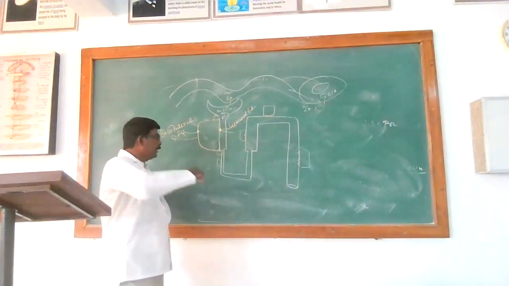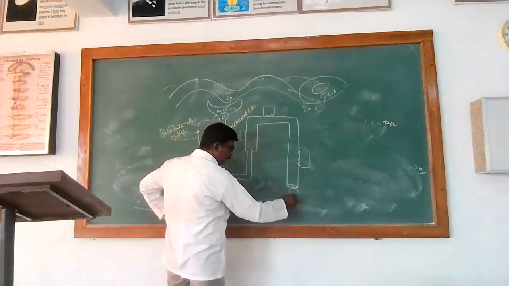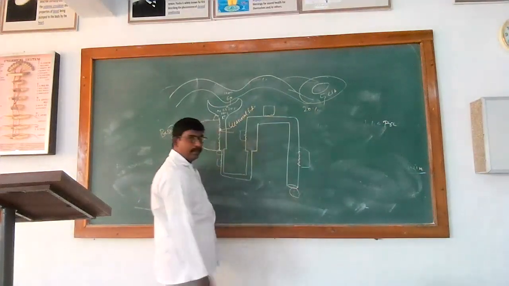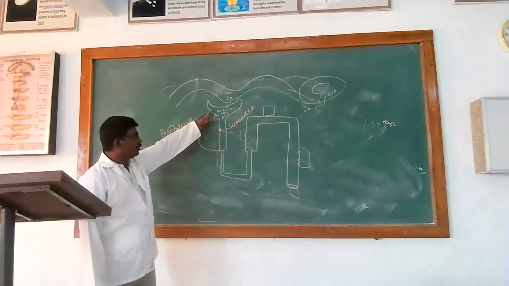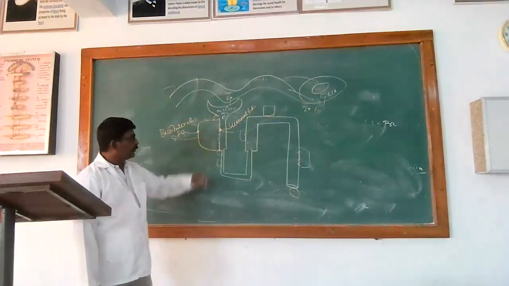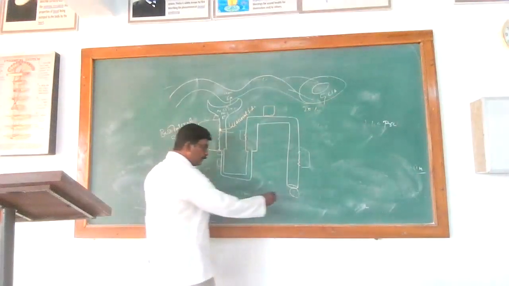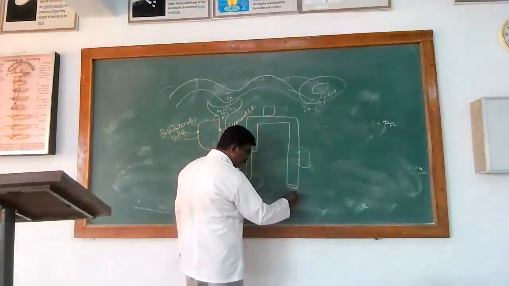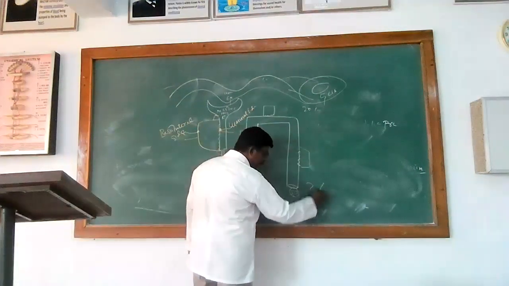If we are saying that 99% is reabsorbed, and only 1% of solute is coming here, right? We are talking about 120 ml. So how much urine is coming here in 1 minute?